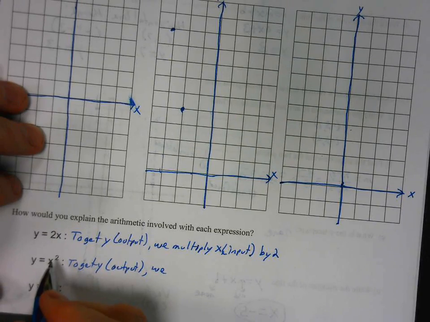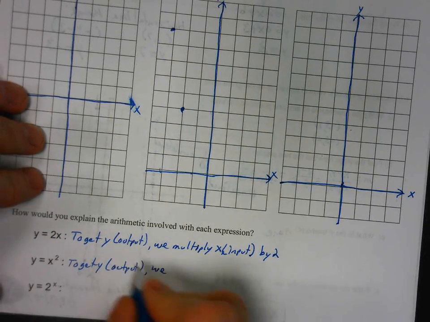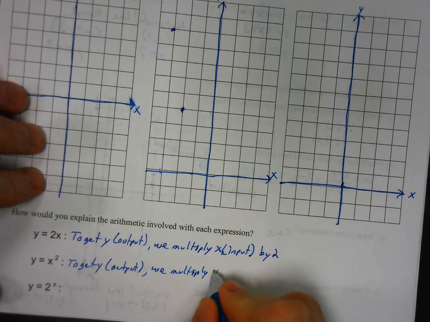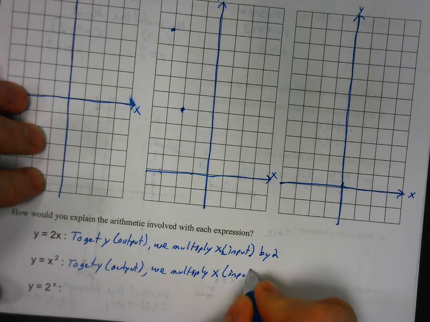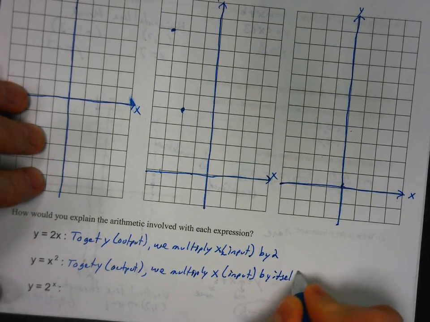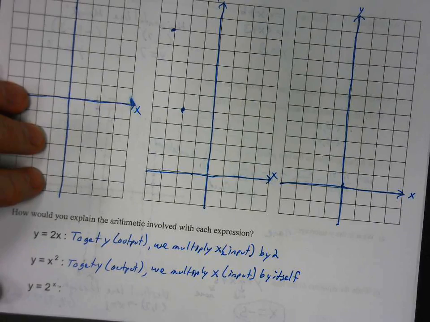You multiply the input by itself. So we multiply x, or the input, by itself. Now I will clarify that we're multiplying it by itself just one time. Because it's squared, you multiply by itself once.